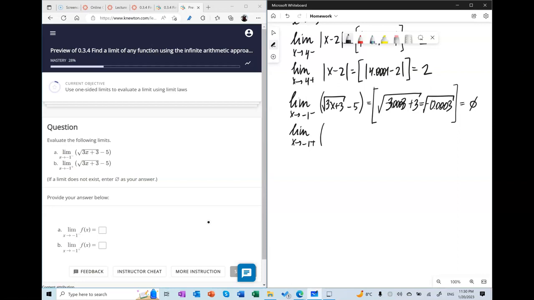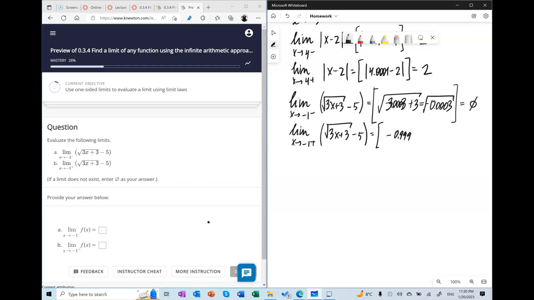When we plug in a number slightly greater than -1, let's say we plug in... this is wrong, right? So it was negative to begin with, so it's -0.9999.